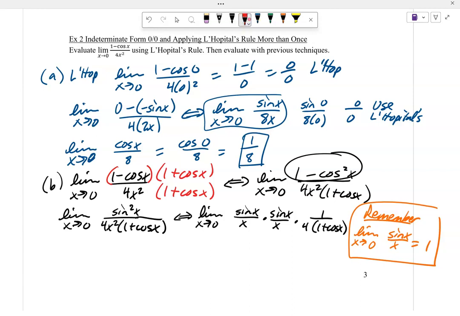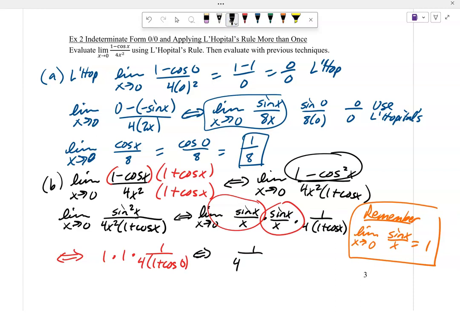And so notice that'll give you 1, that'll give you 1. So you've got 1 times 1 times 1 over 4 times 1 plus cosine of 0. Cosine of 0 is 1, so we've got 4 times 2. See how we also end up with 1/8 there. And that's how you're going to do that one algebraically.